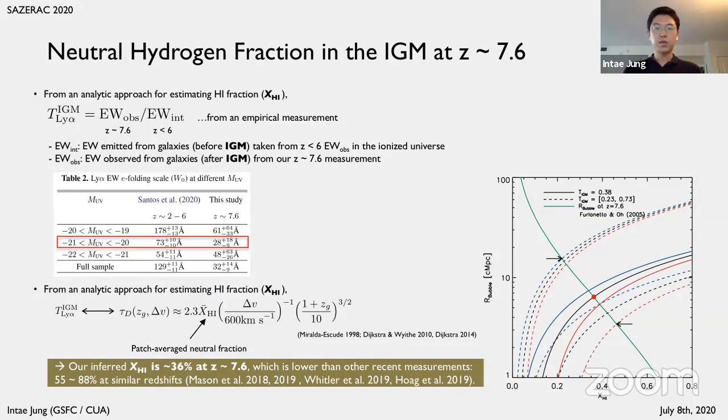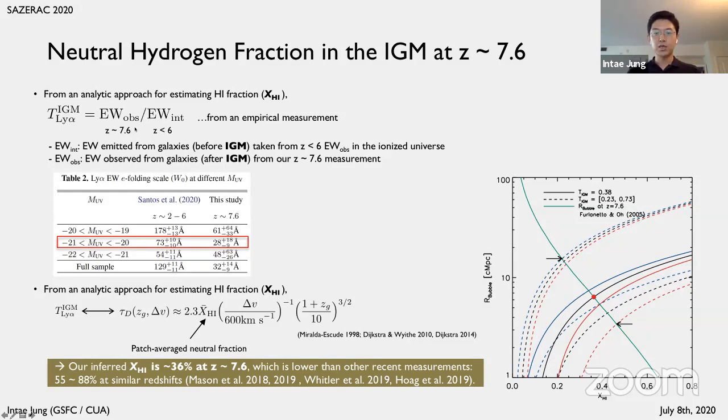So with the measured equivalent width distribution, here we also infer the IGM neutral fraction. In order to do that, we estimate the Lyman alpha transmission in the IGM. That reflects the optical depth of Lyman alpha in the IGM in radiative transfer, and it can be empirically derived with some simplified assumptions.